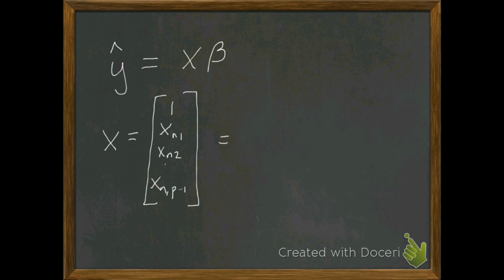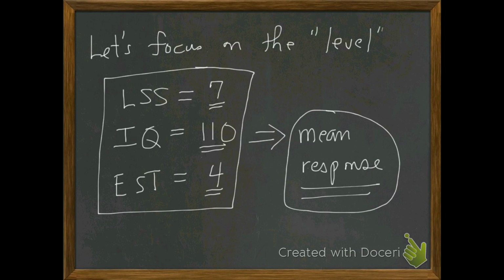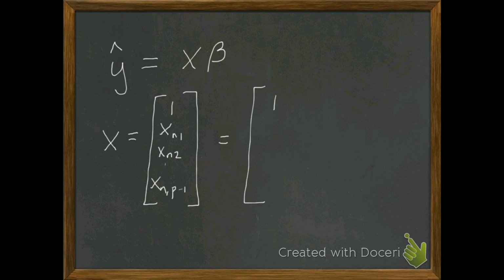So for our problem, x is going to be equal to 1, 7, 110, and 4. But in this case, our beta matrix is going to be a 1 by 4. Our x matrix is going to be a 1 by 4.